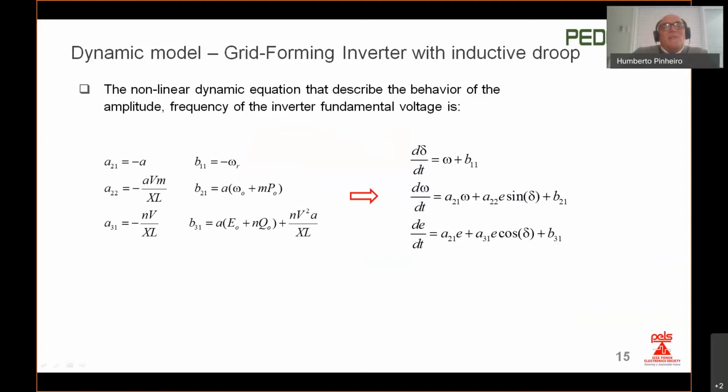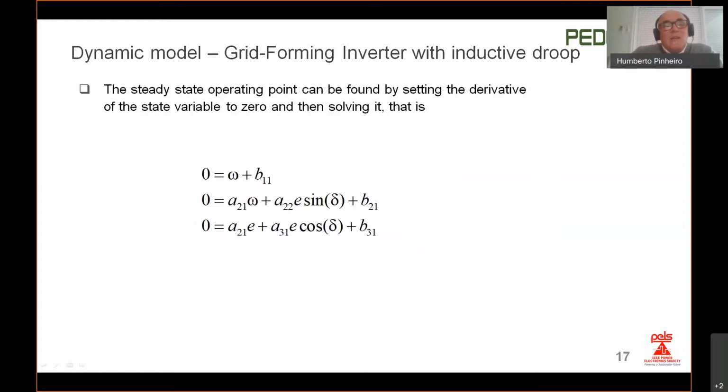This equation can be simplified if you define some constants here. You see that the nonlinearities are in the product of the state variable E and the sine of the power angle delta, and E and the cosine of this power angle delta. So this is the dynamic equation that may reveal what the modes of the system are.